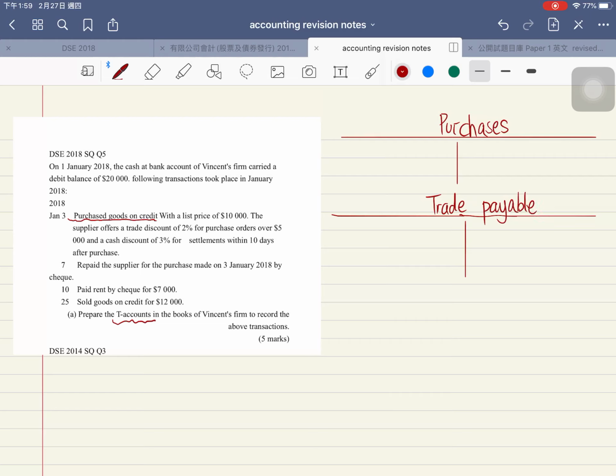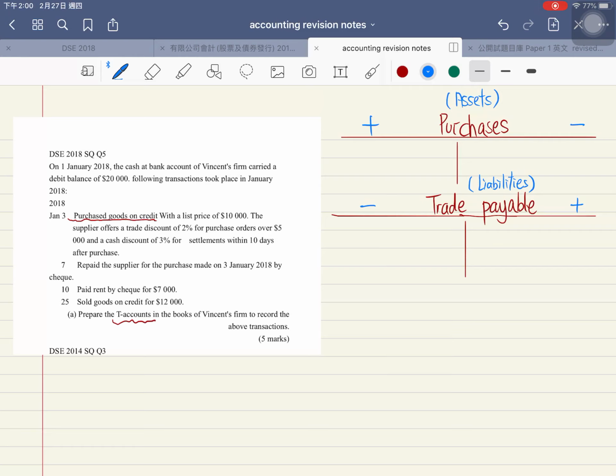We purchase goods and we haven't paid our money to the creditor, so it's purchases and trade payable. For purchases, because we buy the asset, it belongs to assets. Trade payable belongs to liabilities. So we record increase in purchases on debit, decrease on credit, and trade payable increase on credit, decrease on debit.